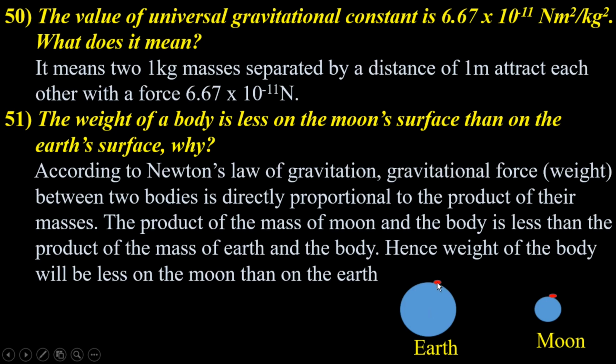Earth's mass is more, so the product of these two masses will be more, that is weight will be more, but the mass of moon is less and the product of the mass of moon and the body will be less. That's why the weight of the same body will be less on the moon.